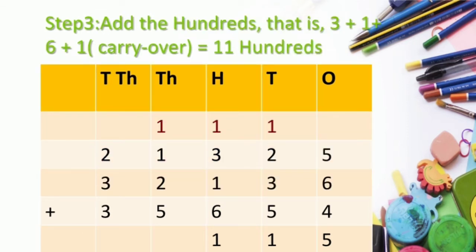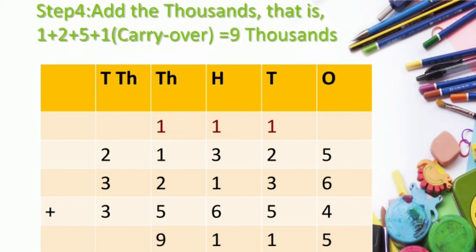Third step is add the hundreds, that is 3 plus 1 plus 6 plus 1 equal to 11. Regroup 11 hundreds as 1 thousand plus 1 hundred. Write 1 under the hundreds column and carry over 1 thousand to the thousands place.